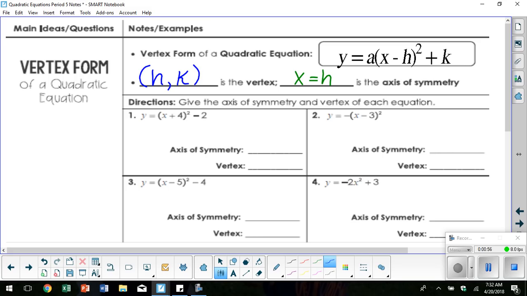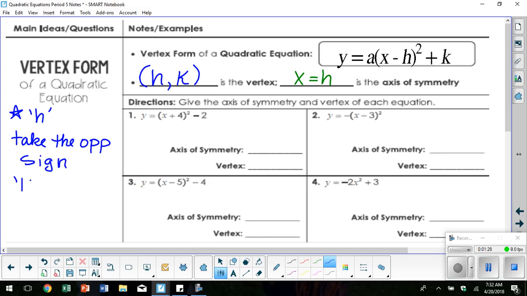Now, if you come over here, some little key points. For h, when you pull it out of the equation, you're always going to take the opposite sign.